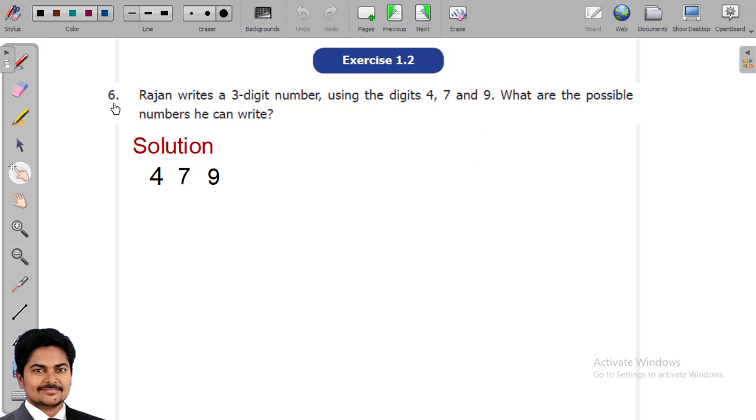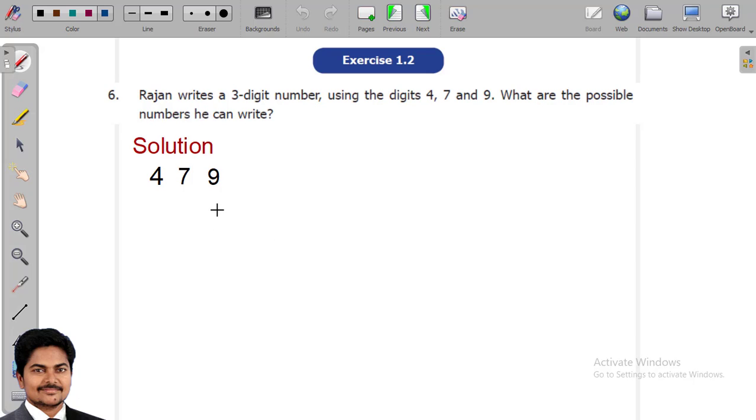Question number 6. Rajan writes a 3-digit number using the digits 4, 7 and 9. What are the possible numbers he can write? In the previous video, I have already taught how to write different 3-digit numbers by using the given 3 numbers. Here also we are going to use the same procedure.